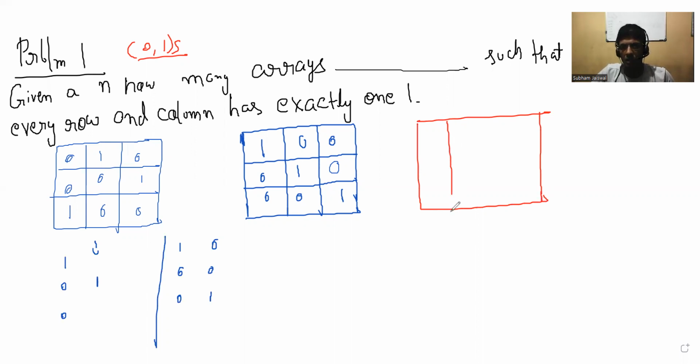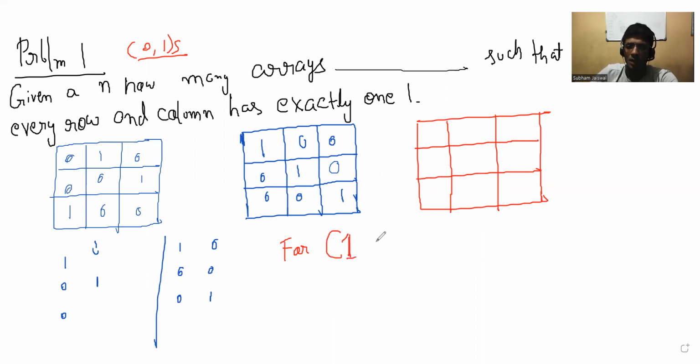So we go column wise. Let me say this in detail. For column 1, it's okay to write C1. For C1 we have 3 choices. You can put the one here, here, or here.